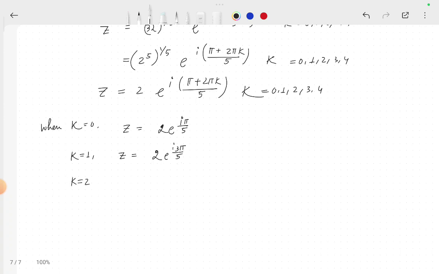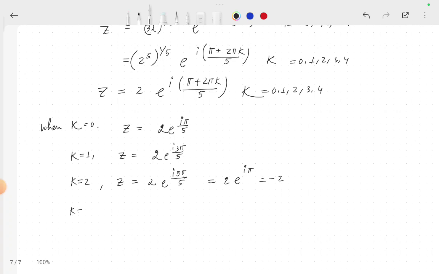When k equals 2, z equals 2 e to the power i 5 pi by 5, that is 2 e to the power i pi, and that equals minus 2, since e to the power i pi is minus 1.